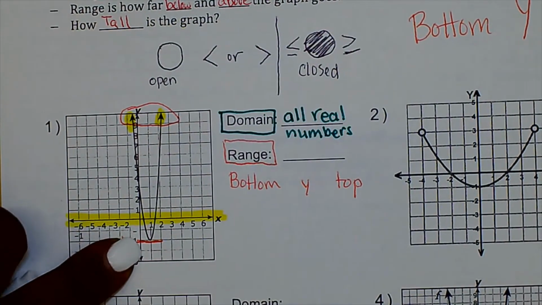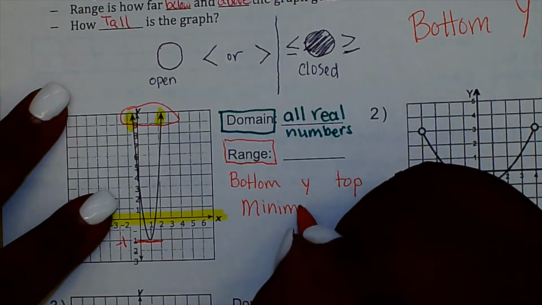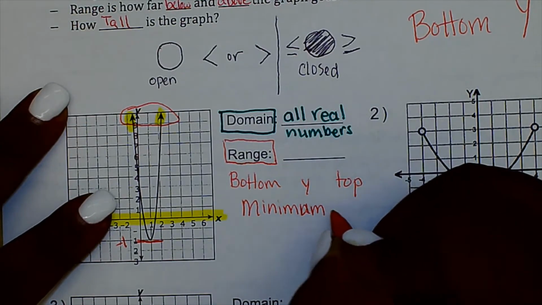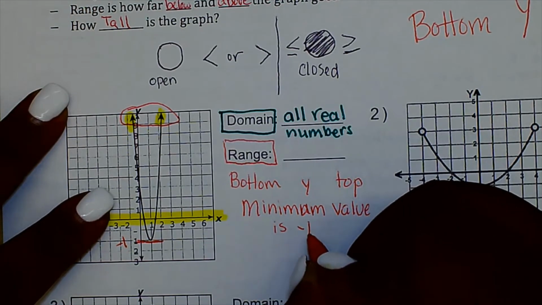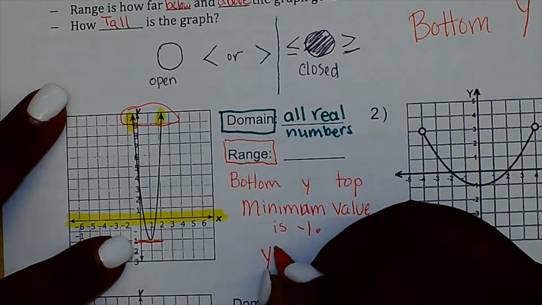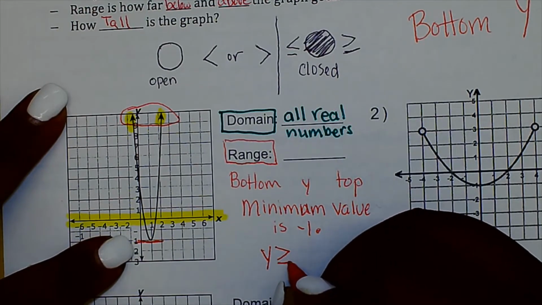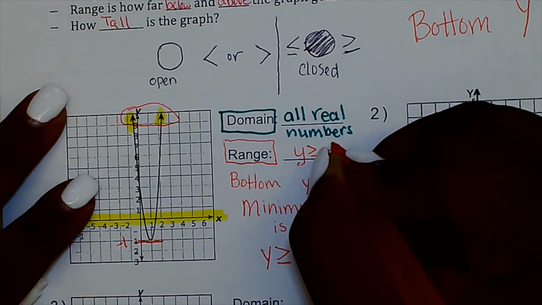This is a minimum graph. So since we know it's a minimum value, then we know that y is going to be greater than or equal to that number. So my range is y is greater than or equal to -1.